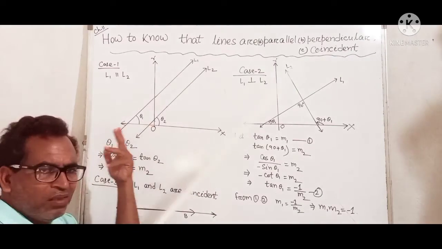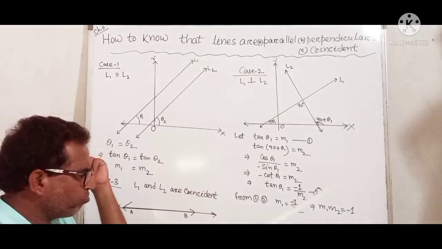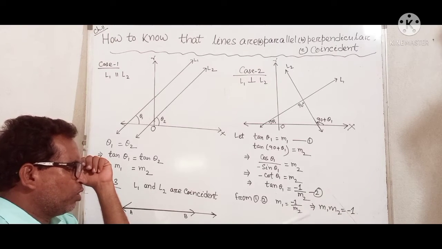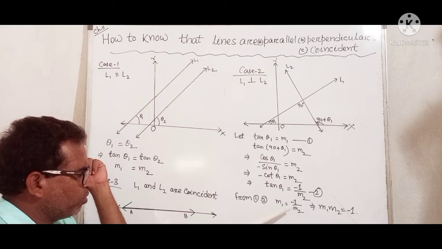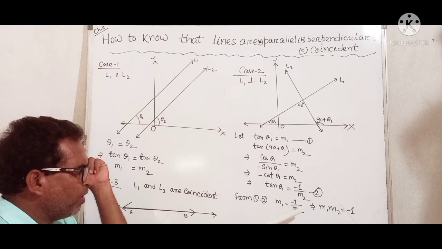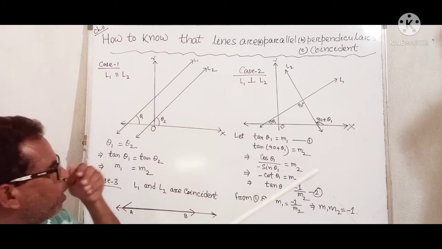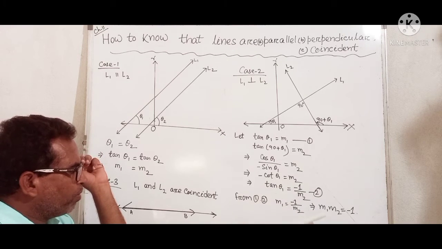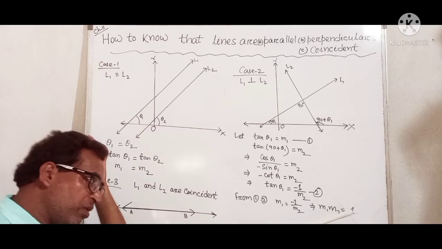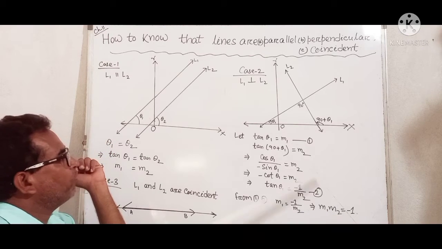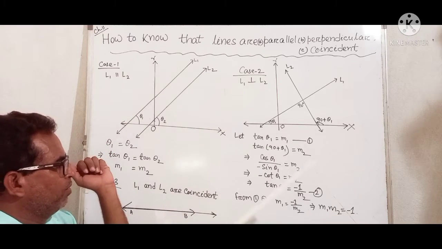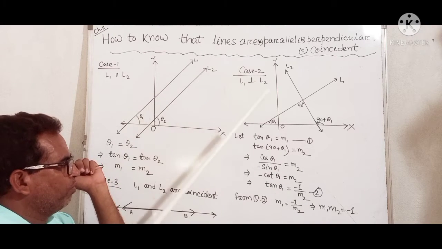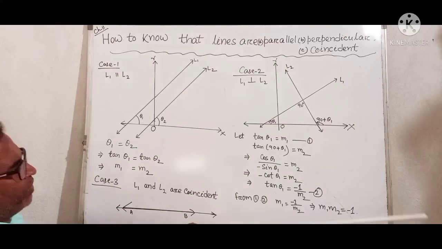The proof is very simple. If m1 into m2 is equal to minus 1, then m1 is equal to minus 1 by m2, and we can go from this concept to that concept, so we can prove it.